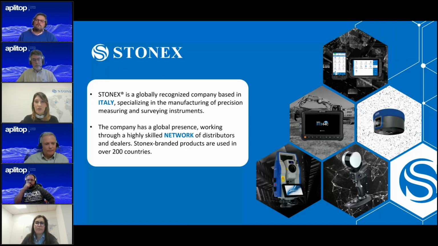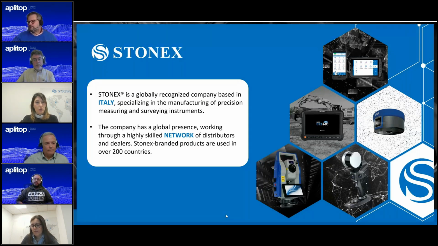We have dedicated software in the field, and we have also two divisions dedicated, one to the 3D surveys. So the topic that we will see today, and we have a wide range of SLAM devices. And then also Stonex is distributor for machine control solution.